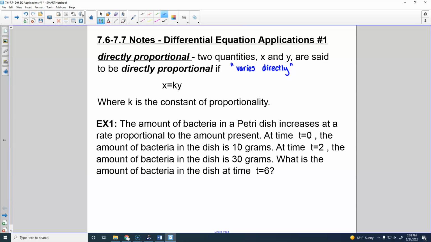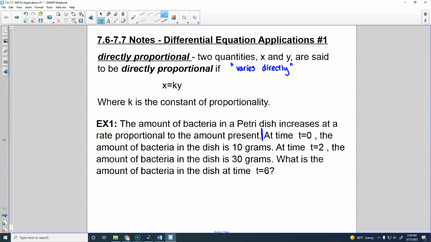All of this stuff at the end, we're going to need in a minute, but what we have to do first is come up with a differential equation to start with. We did this in the very first part, but it's been a long time since, because we had to stop for midterm. So, the amount of bacteria increases at a rate.